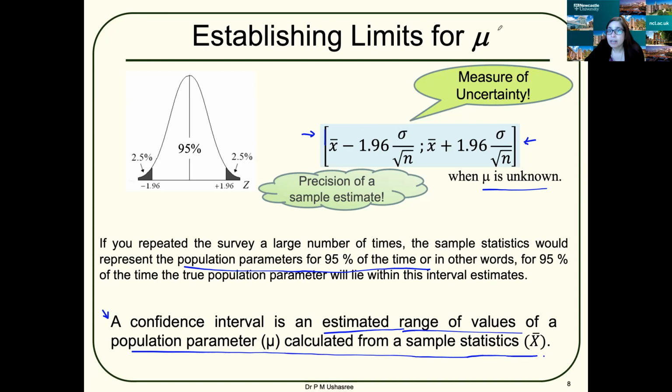So in our case, since we are trying to estimate the limits for the population mean, we can say that a confidence interval is an estimated interval or estimated range of values of the population mean calculated from the observed sample mean, for the given level of confidence.